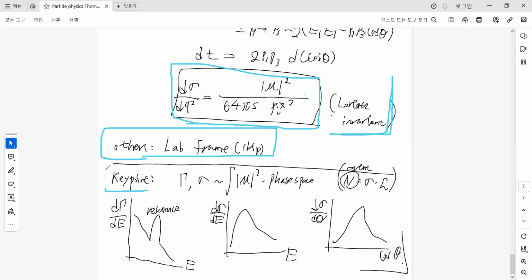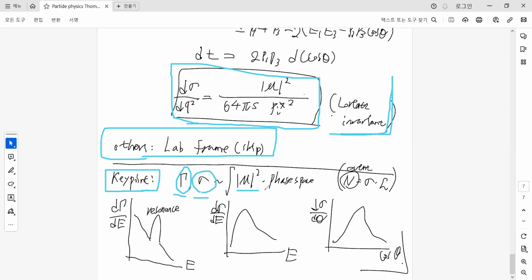So the key points of today's discussion: the observables in particle physics are the decay rate, the inverse of the lifetime, and the cross section, an effective area. The decay rate and cross section are given by the square of the amplitude, which can be explained by Feynman diagrams.